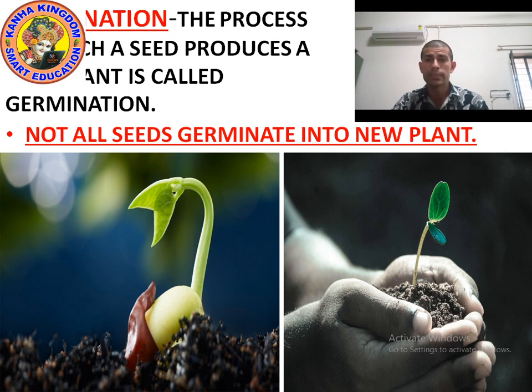In the beginning I told you how plants grow. Most of the plants grow from seed. Most of the plants germinate from seeds. This process of producing a plant from seed is known as germination.